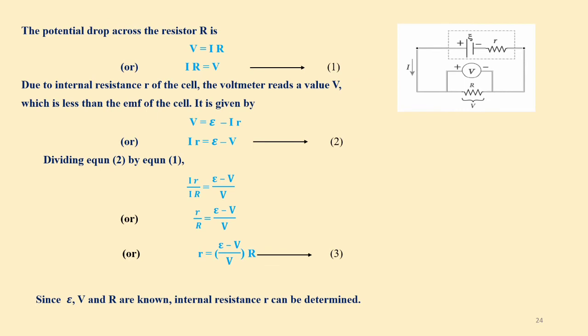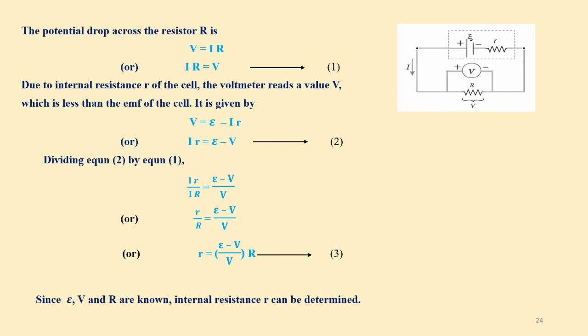With reference to the circuit given above, the potential drop across the external resistor capital R is V equal to I into R, or IR is equal to V. This is equation 1.